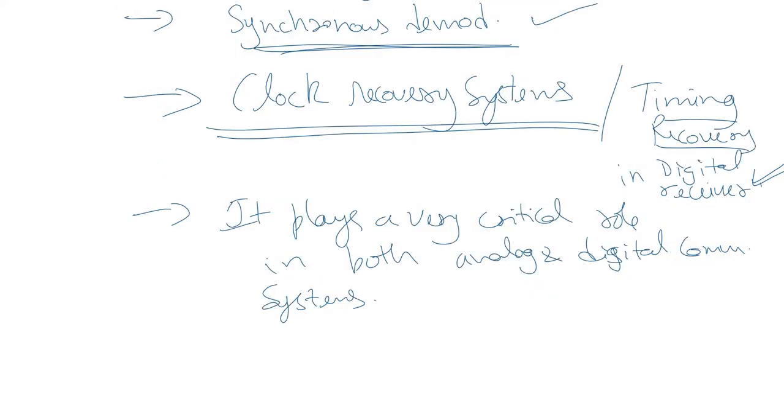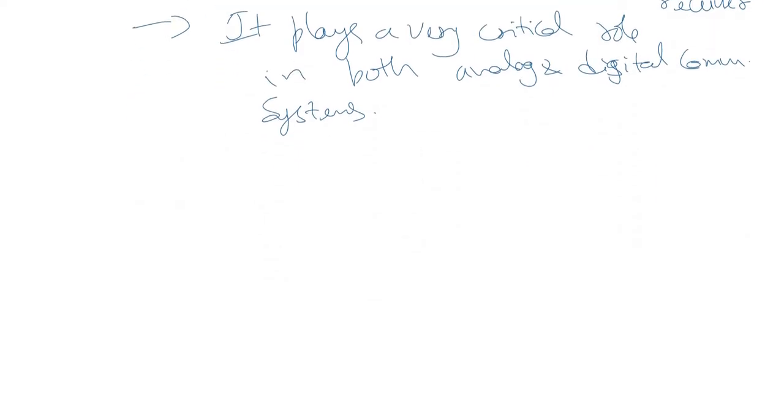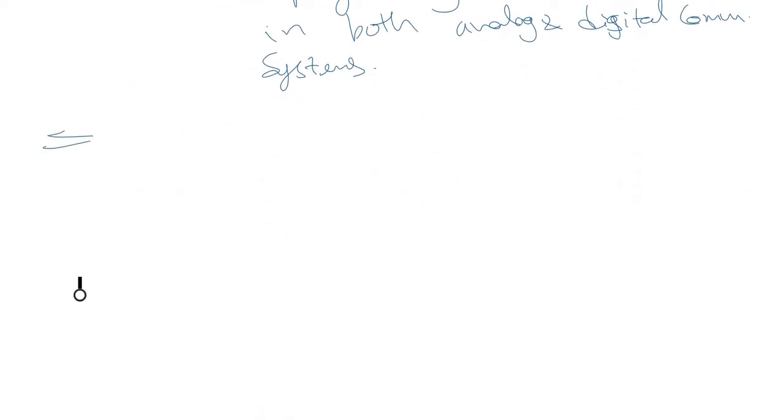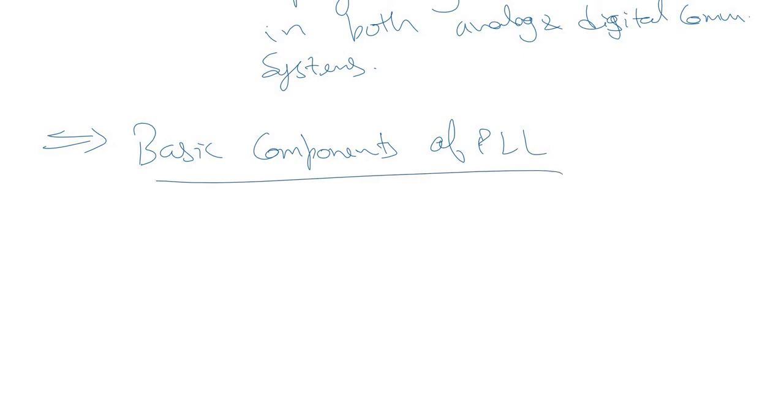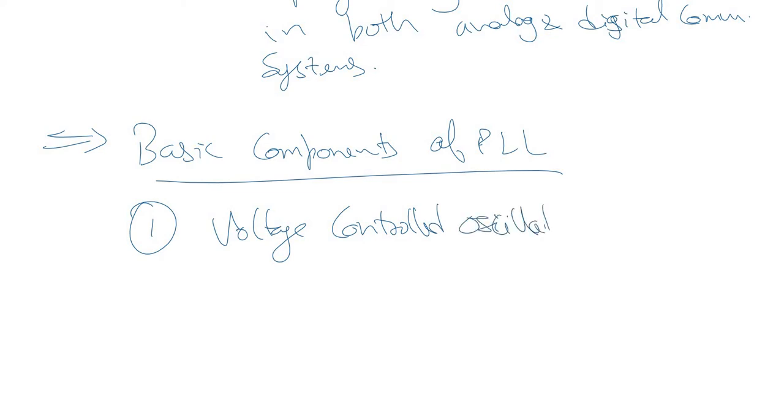Any PLL circuit has three basic components. The first one is a very important component, that is a voltage controlled oscillator, VCO.